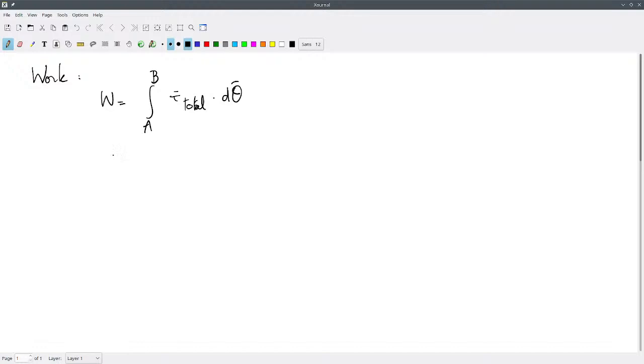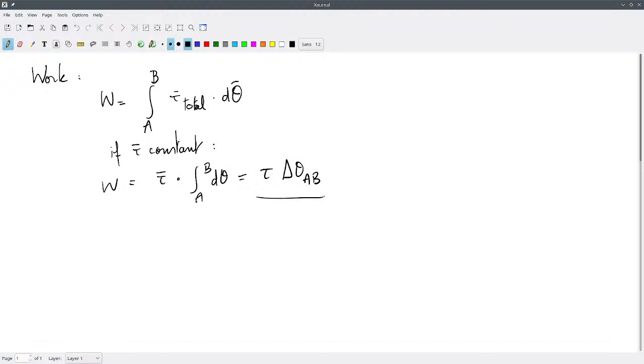Of course, if the torque is constant, then the integral simplifies. W becomes the torque times the integral from A to B of d theta, and that's just the torque times the change in theta from A to B. That's one of the simplified versions that we'll often encounter.